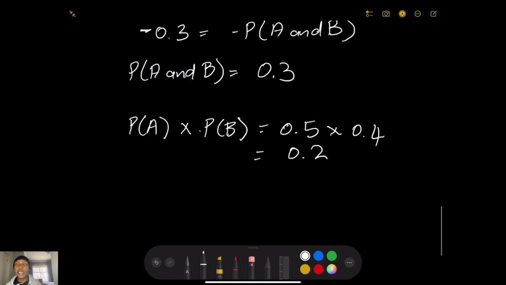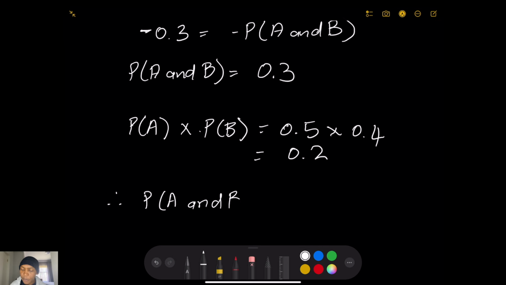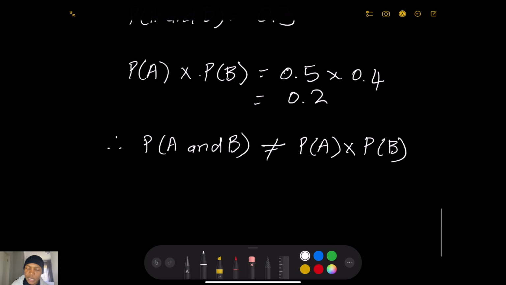So therefore, what can we conclude? The probability of A and B, remember, we found to be 0.3. So it is not equal to the probability of A multiplied by the probability of B. So therefore, what can we conclude?